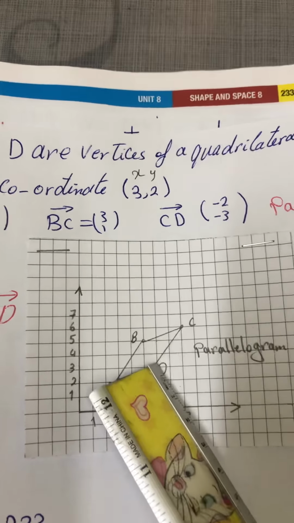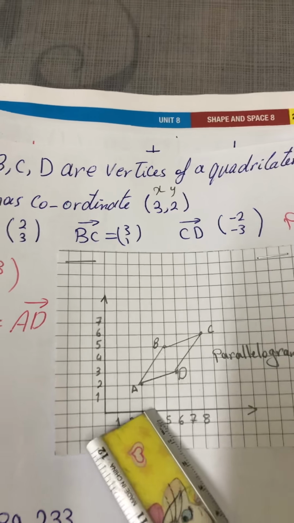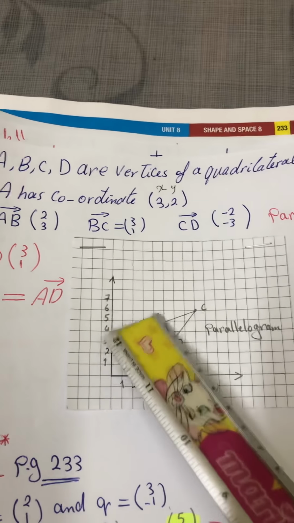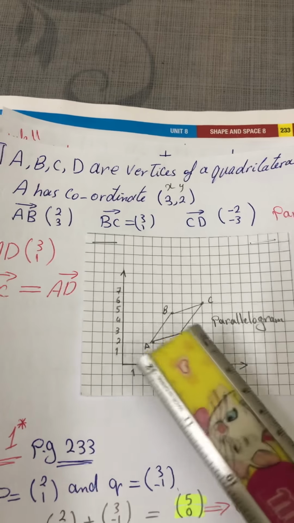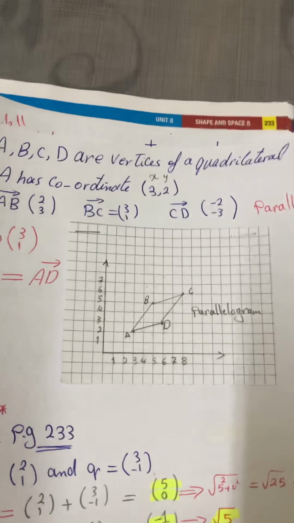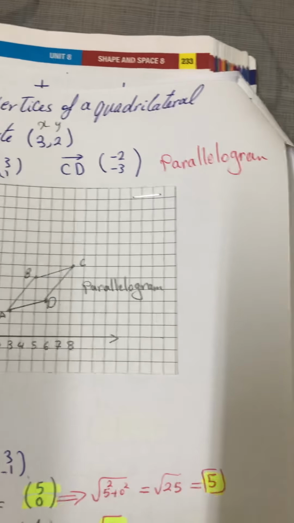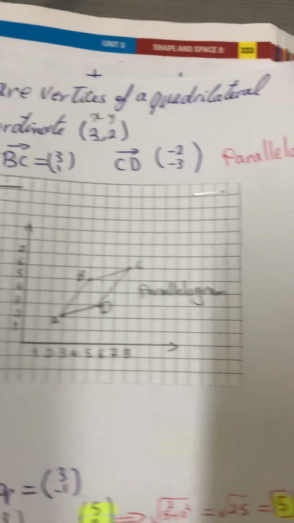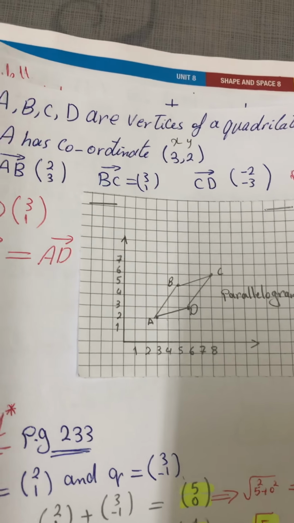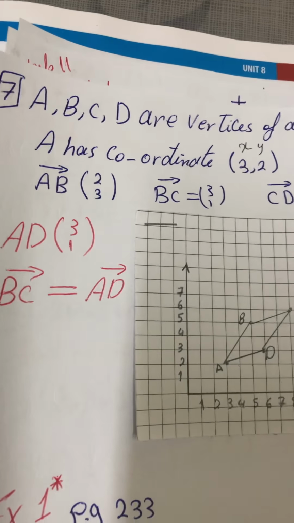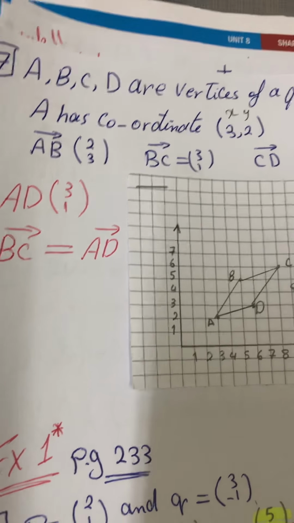I reach to D. By this way, I draw the quadrilateral ABCD. What's your judge? Which kind of quadrilateral? It's a parallelogram.